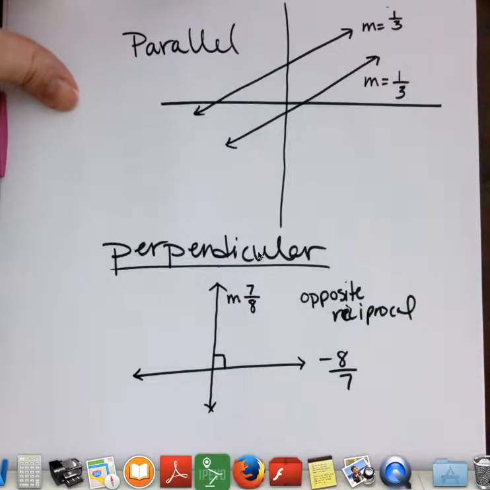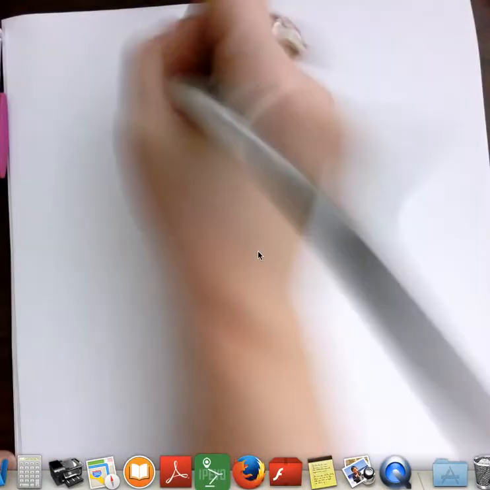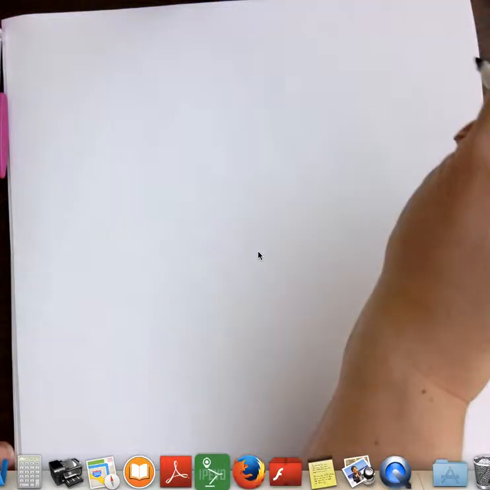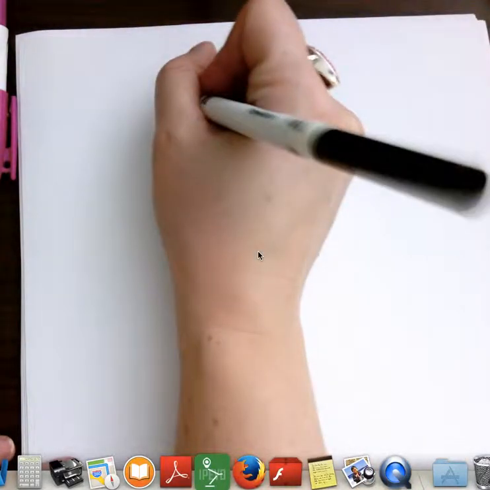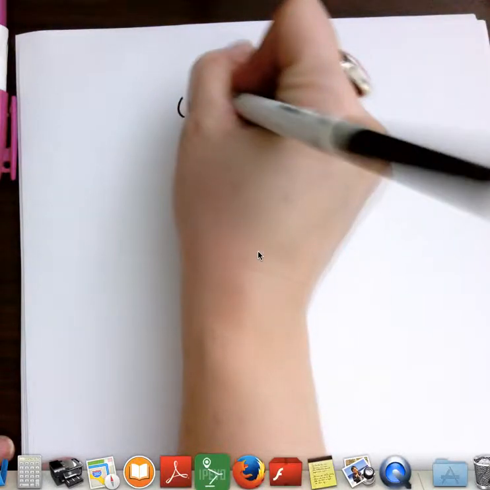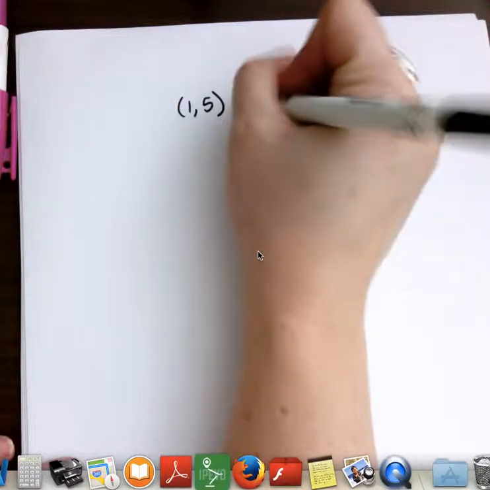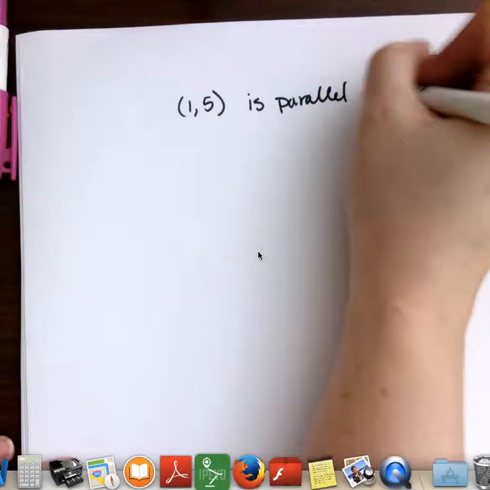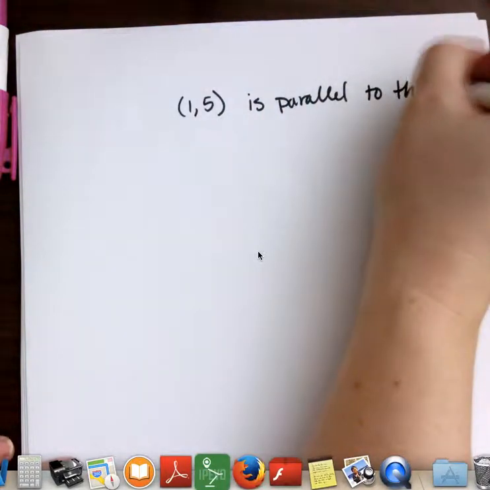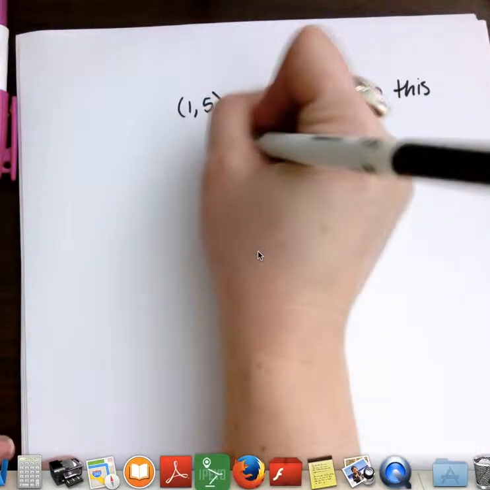Given parallel and perpendicular lines, you're most likely going to see problems that say, write the equation of a line that passes through the point (1, 5) and is parallel to this line.